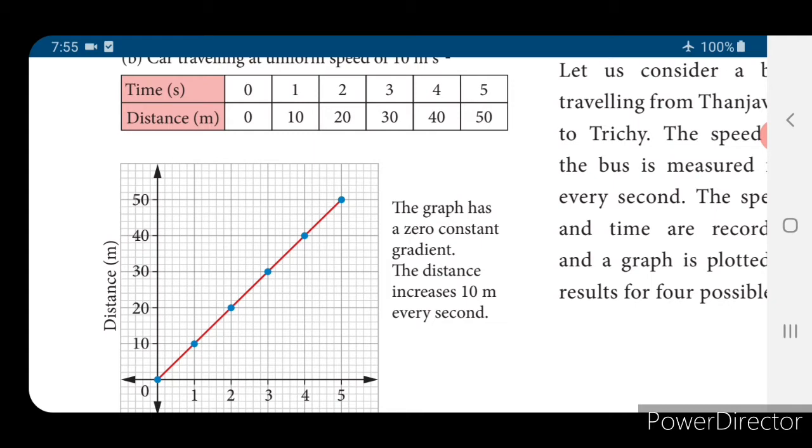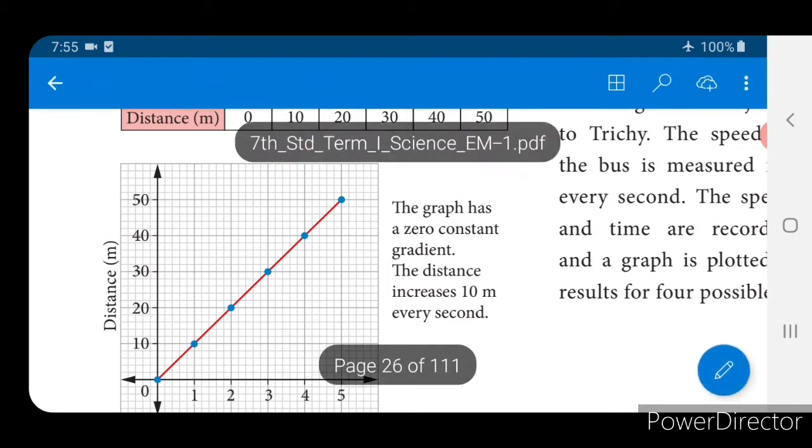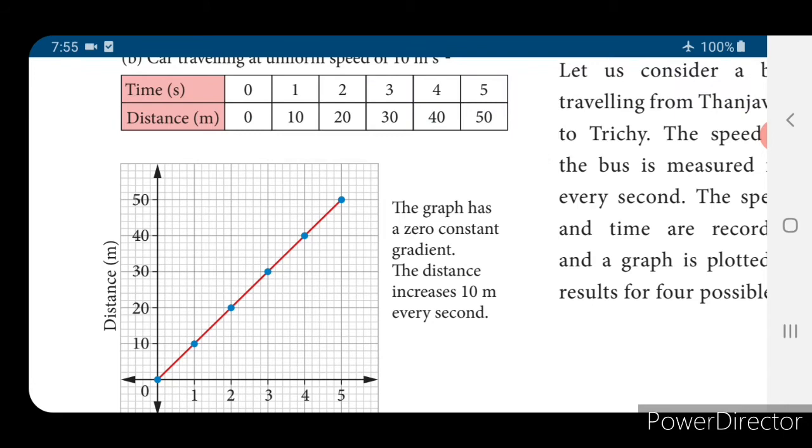After 1 second, you have to take x-axis 1 and y-axis 10. You have to mark one dot. After 2 seconds, it covers a distance of 20. So at 2, 20, you have to put one mark, and 3, 30, 4, 40, 5, 50.